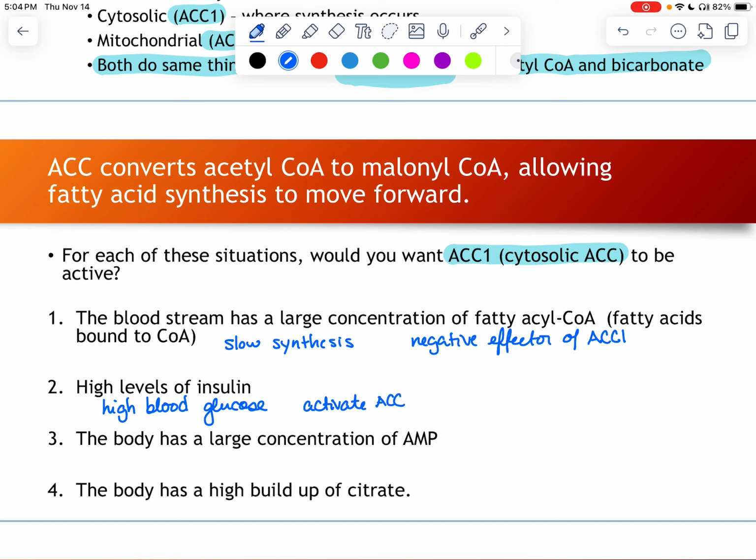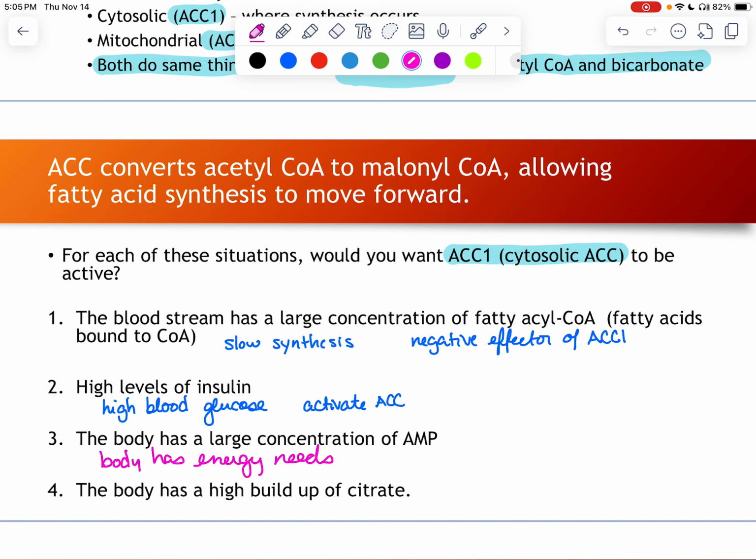All right, the body has a large concentration of AMP. So we have to think about AMP, and we know that we make that when we need energy, right? So here our body has energy needs. We have burned through a lot of our ATP. If that is the case, we do not want fatty acid synthesis, right?